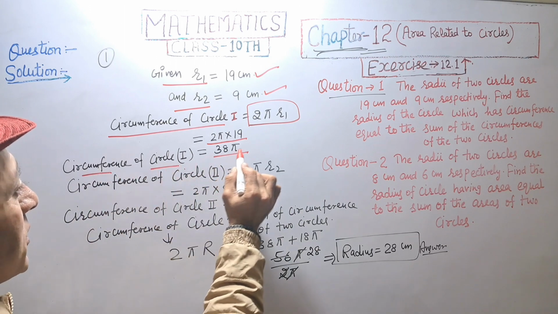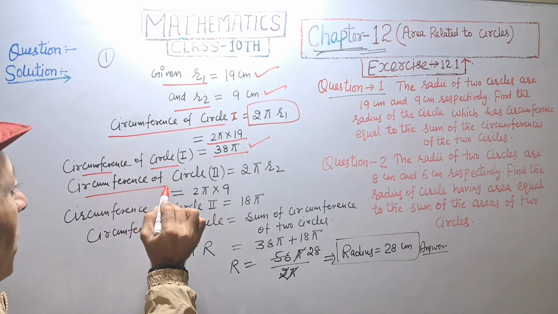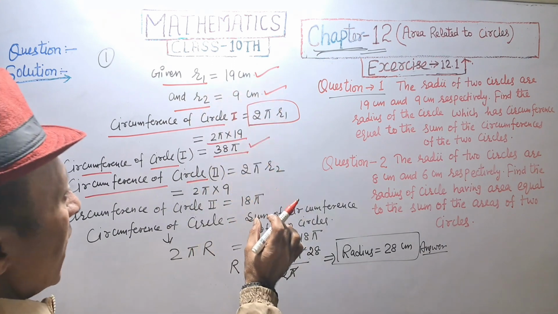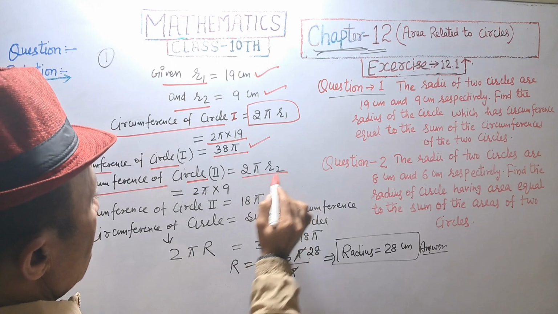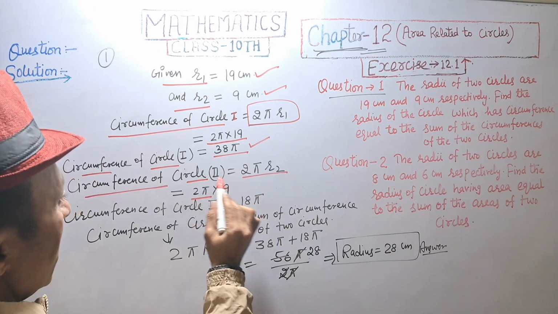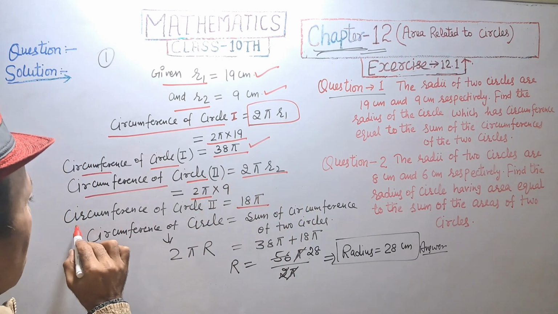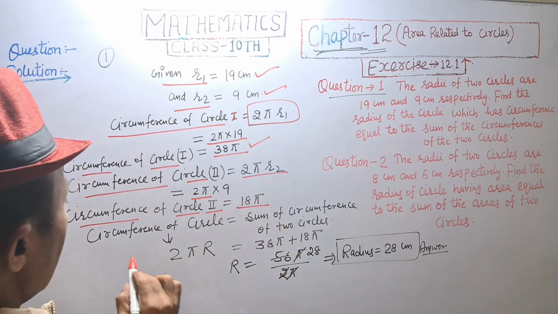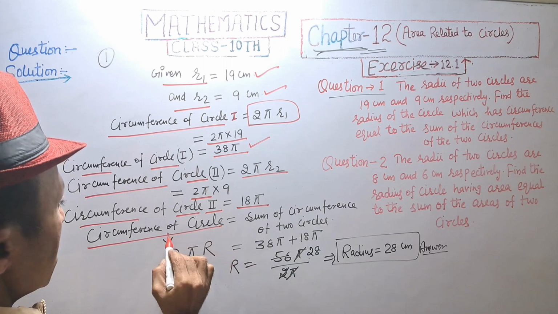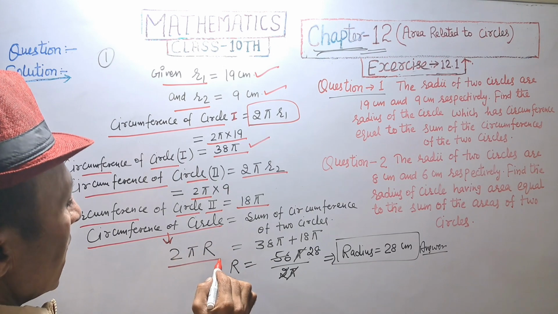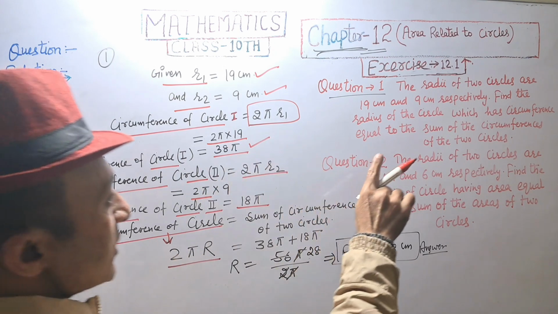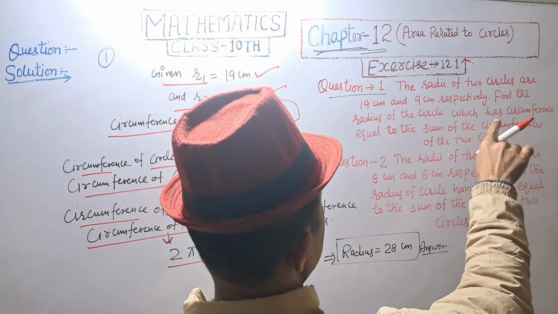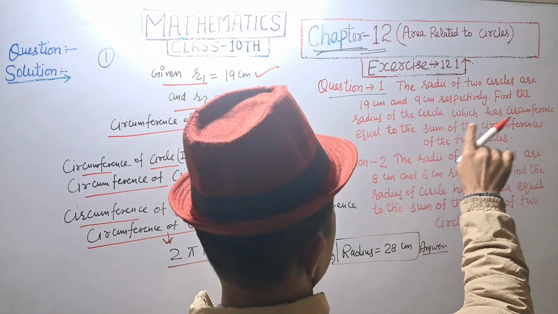Circumference of the second circle, R2 is 9 centimeter, is 2 pi into 9, that is 18 pi.